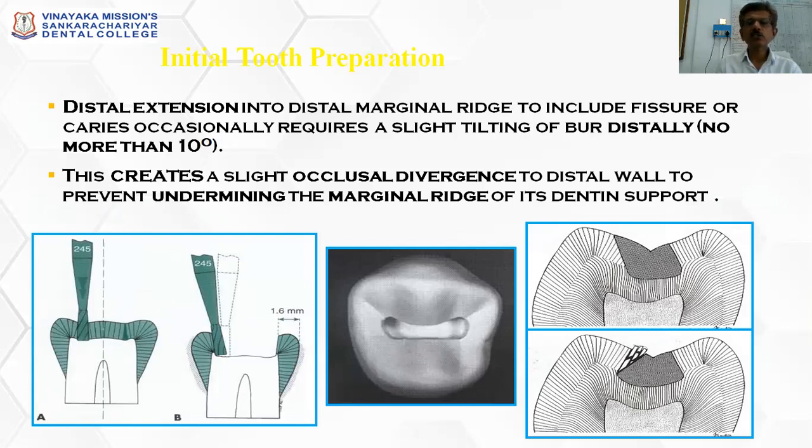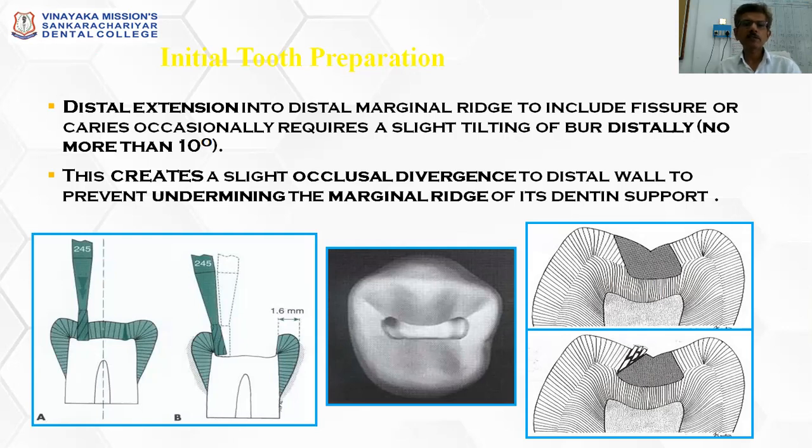Now, distal extension into the distal marginal ridge should include fissure caries. Occasionally it requires a slight amount of tilting of the distal, say about 10 degrees. This is done keeping in mind the direction of the enamel rods.